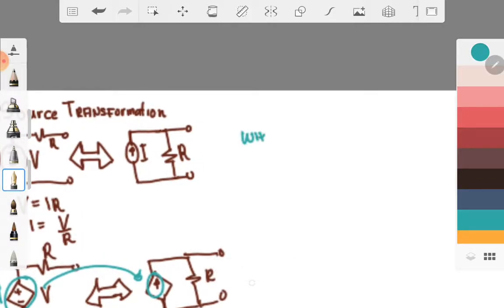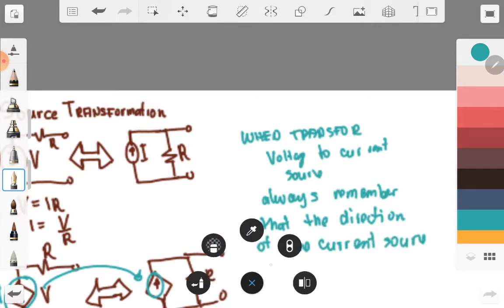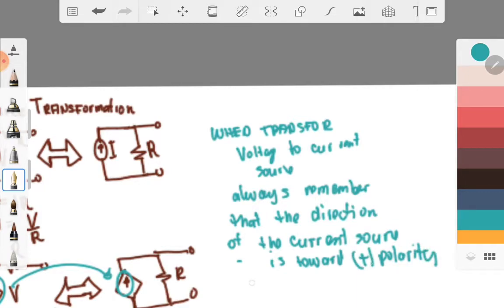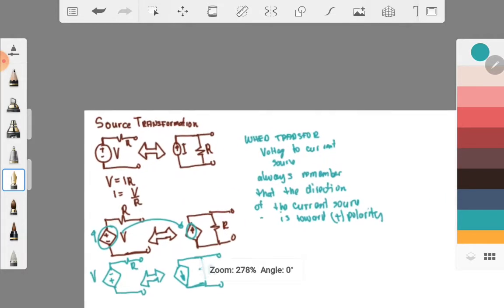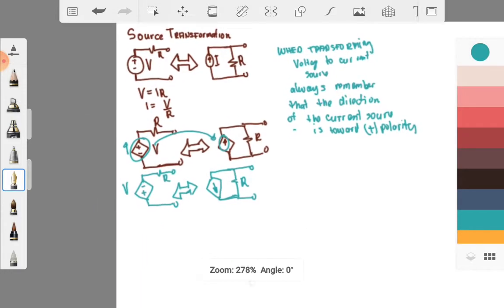So when transforming a voltage to a current source, always remember that the direction of the current source is toward the positive polarity. So let's have an example.